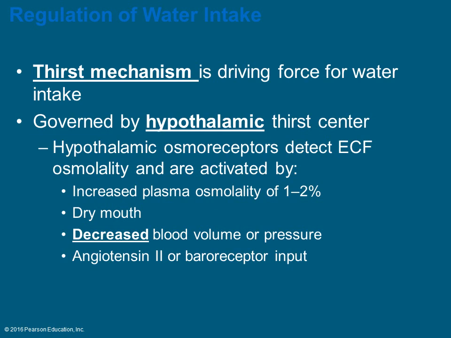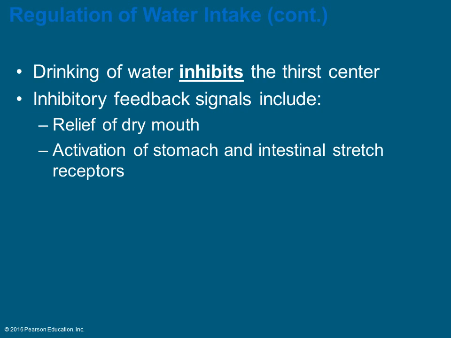If you have decreased blood volume or decreased blood pressure, that would stimulate you to increase the amount of water. Drinking of water is going to inhibit this thirst system. It's an inhibitory feedback mechanism. You've relieved that dry mouth, so you don't have to drink as much.